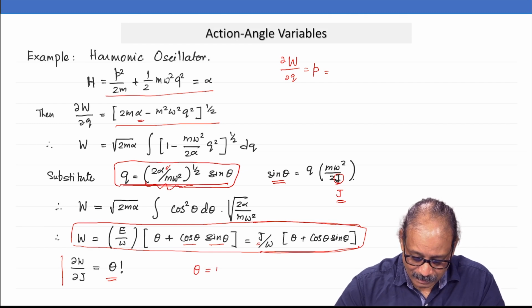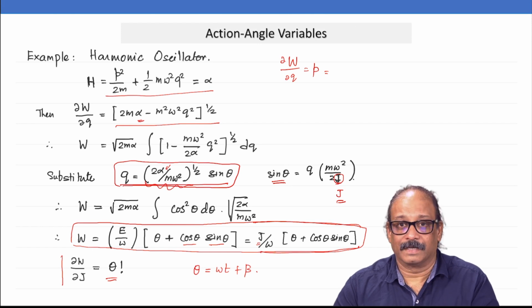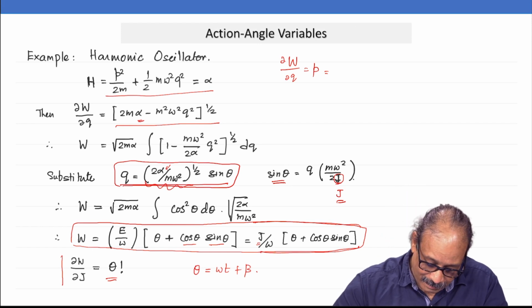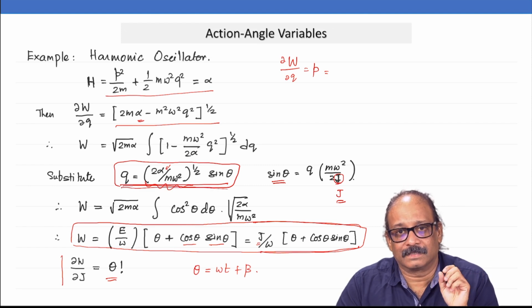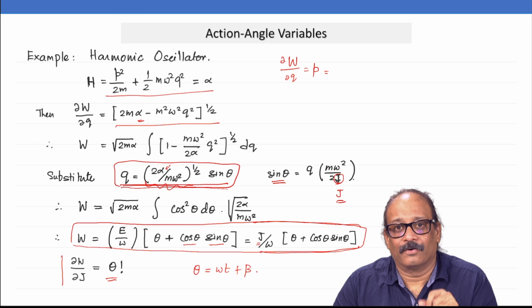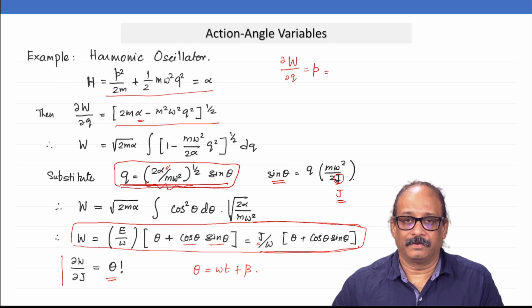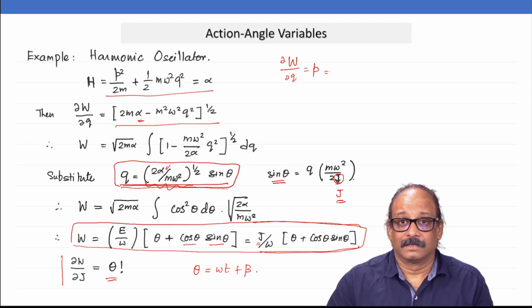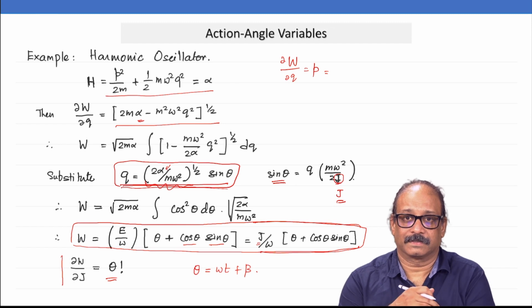This is nothing but omega t plus beta. Remember, the frequency times t plus beta. Okay. And then the solution looks straightforward. Now, the Q is nothing but some constants into sine of omega t plus beta, and this is a very powerful method to calculate the properties or the solutions of periodic systems.